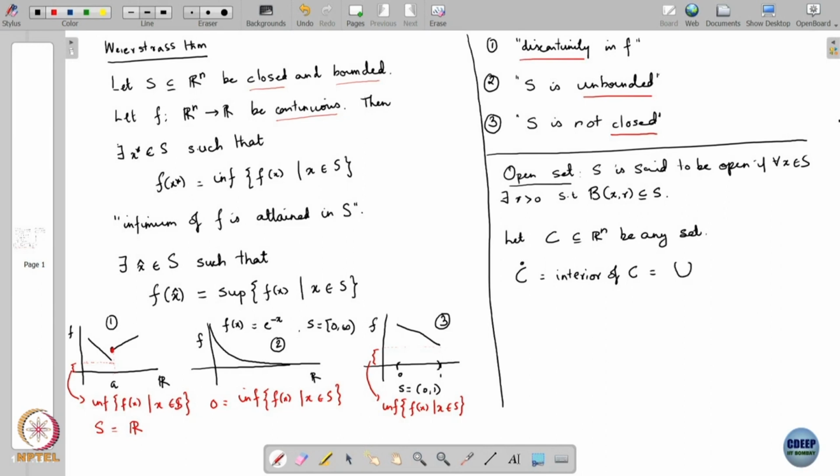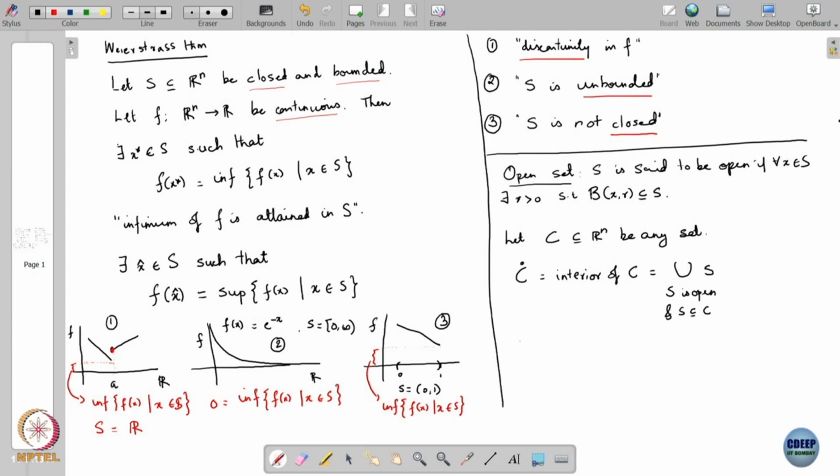This is simply the union of all sets S such that S is open and S is contained completely in C. So, take all the open sets that are completely contained in C, take their union, and that is what is called the interior of C.